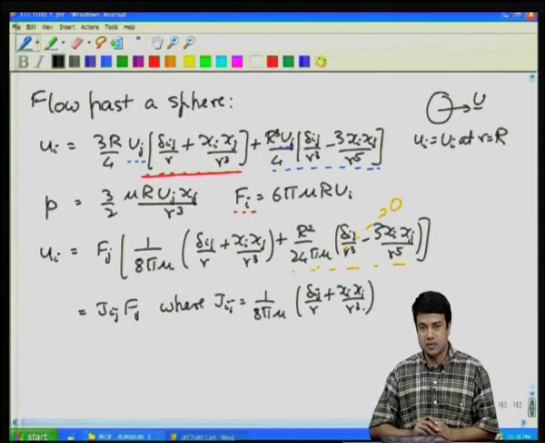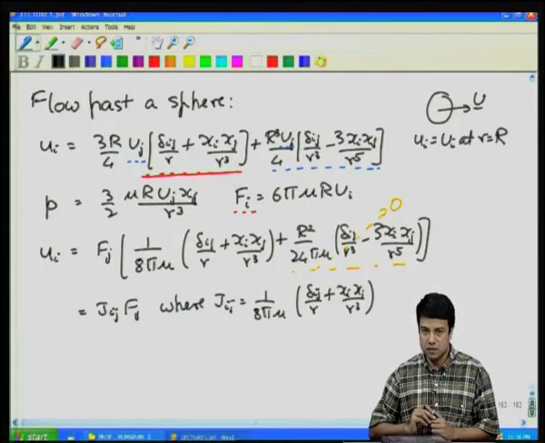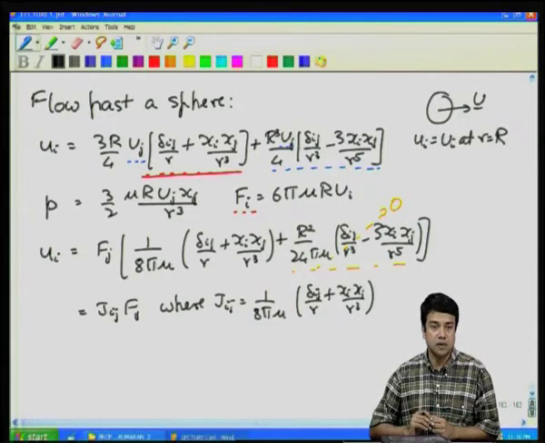So, this is for a point source, a delta function in the limit as the radius of the particle goes to 0, but the net force exerted by the particle is still finite, even as the radius of the particle goes to 0.